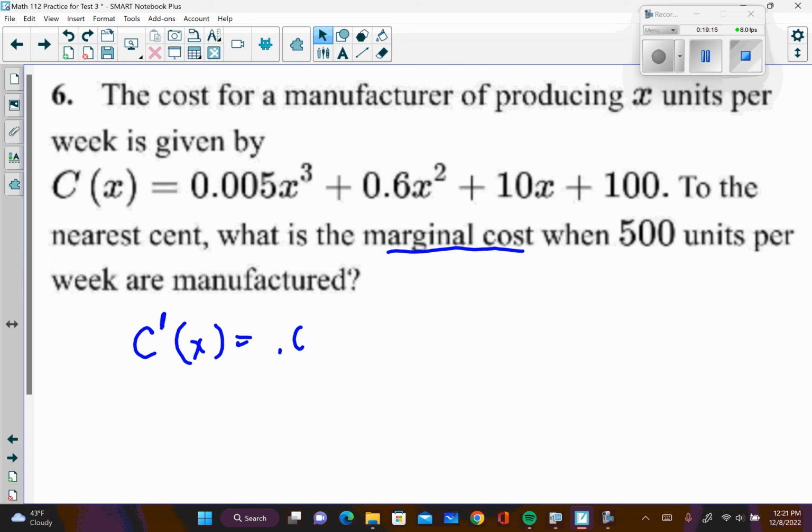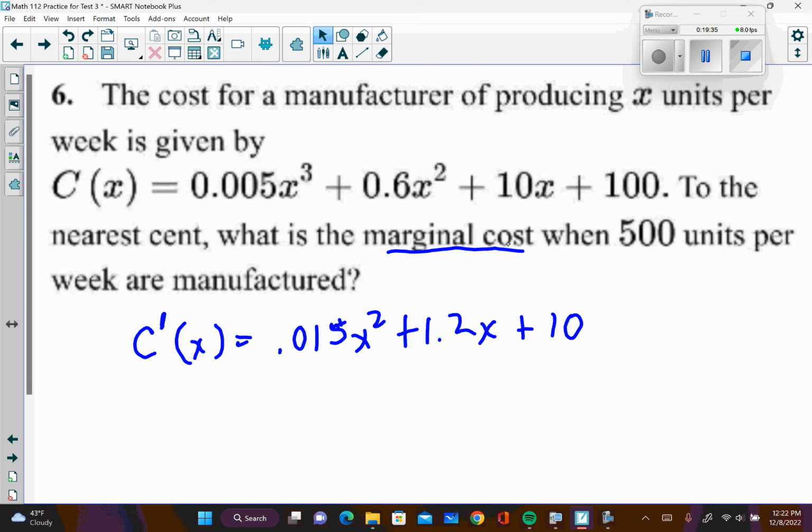So that's 0.015, and then this becomes x to the second power. And the next term is 2 times 0.6, which is 1.2. X to the second becomes x to the first. And the derivative of 10x is 10, and the derivative of 100 is 0.